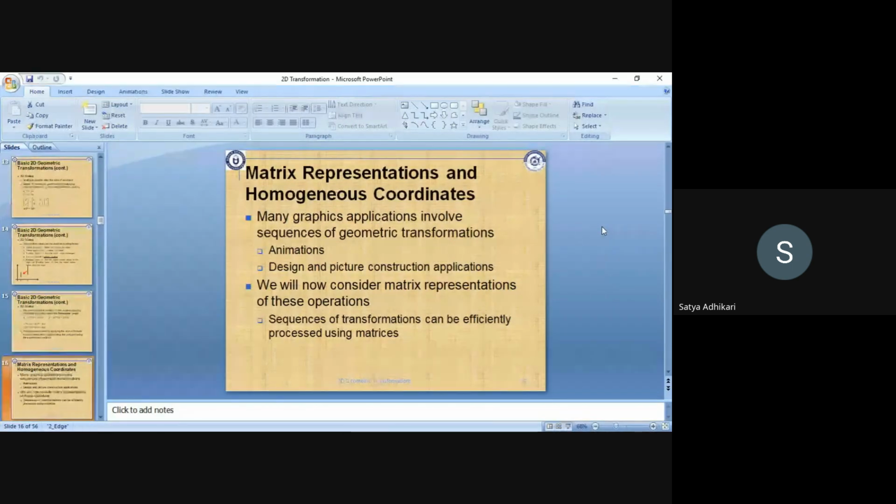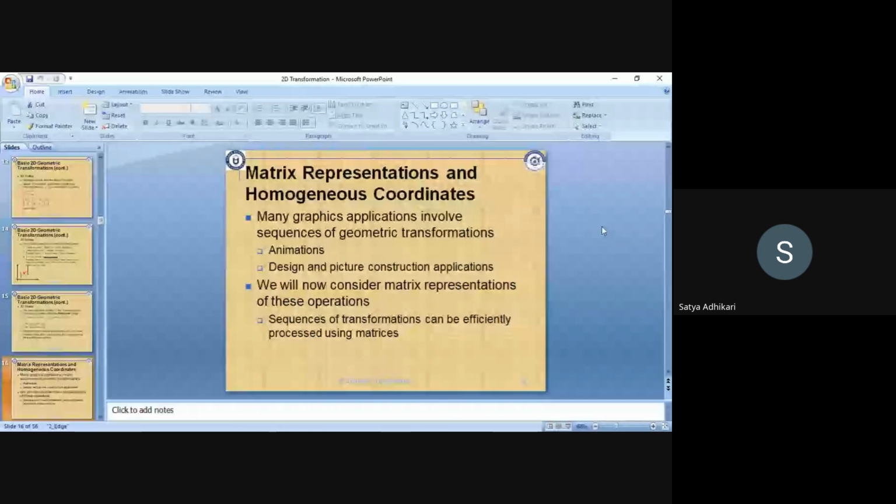Then, matrix representation and homogeneous coordinates. In many graphics applications, we need a homogeneous coordinate.